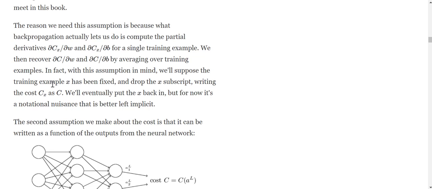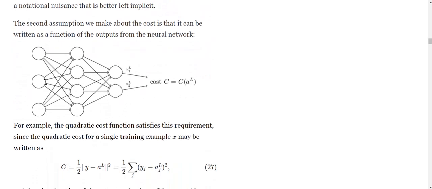In fact, with this assumption in mind, we'll suppose the training example x has been fixed and drop the x subscript, writing the cost C of x as C. We'll eventually put the x back in, but for now it's a notational nuisance that is better left implicit. So this was also pretty self-explanatory, I think. They're just saying that to compute the average over all the training examples, we can compute the partial derivatives over specific examples and then take the average.